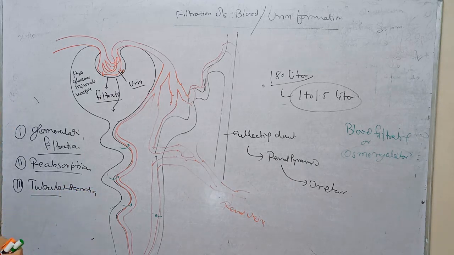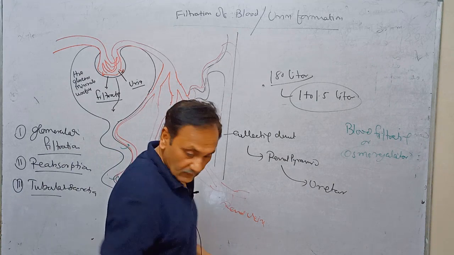Now with the help of a figure, we will discuss where the substances will be reabsorbed, and what happens if the reabsorption is up to the mark and if it is not up to the mark.